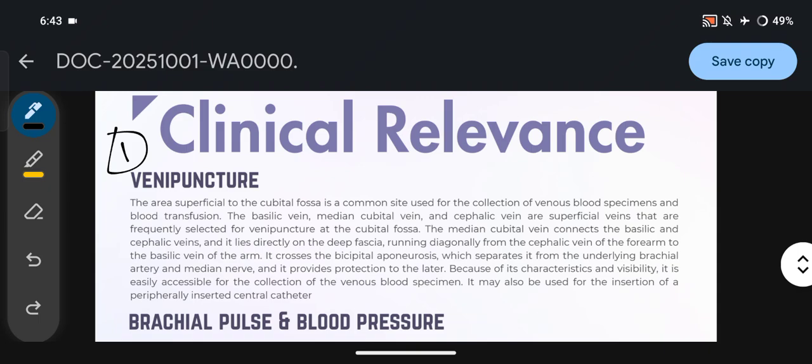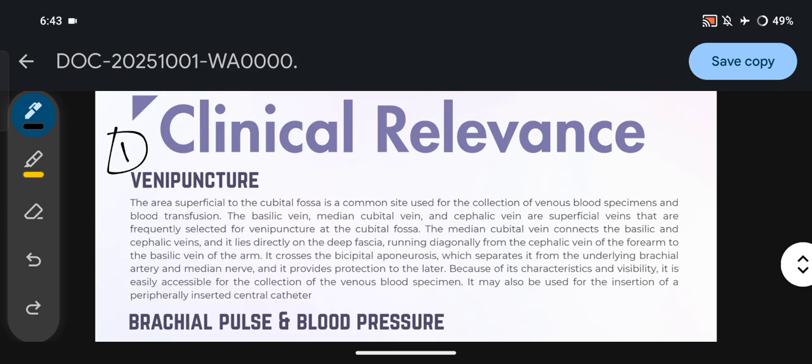at the cubital fossa, and the median cubital vein connects the basilic and the cephalic veins, and it lies directly on the deep fascia, running diagonally from the cephalic vein of the forearm to the basilic vein of the arm, and it crosses the bicipital aponeurosis, which separates it from the underlying brachial artery and median nerve, and it provides protection to the latter.